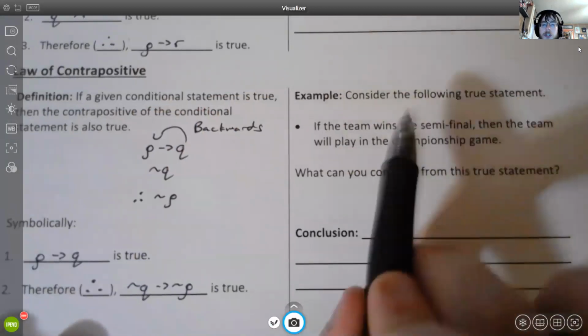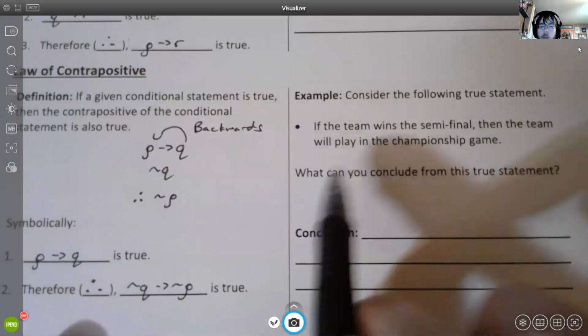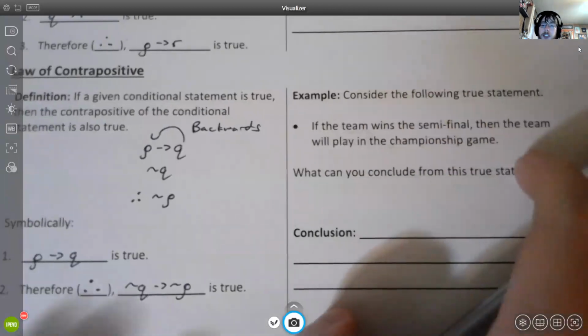So consider the following true statement. If the team wins the semifinal, then the team will play in the championship game. What can you conclude from this true statement? Well, you know that the contrapositive has to be true.